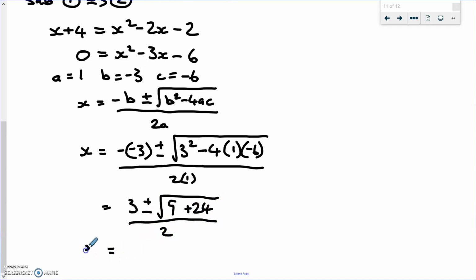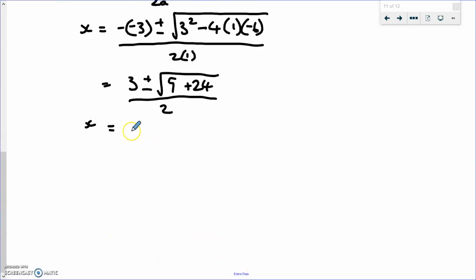So I end up with x equals 3 plus or minus square root of 33 over 2. I'm going to leave it as an exact value.